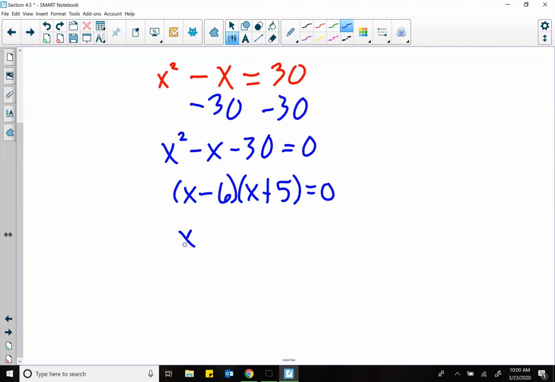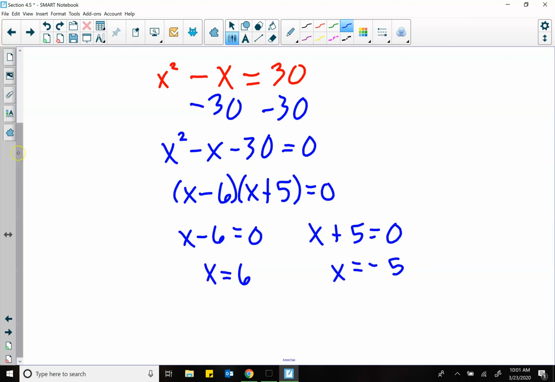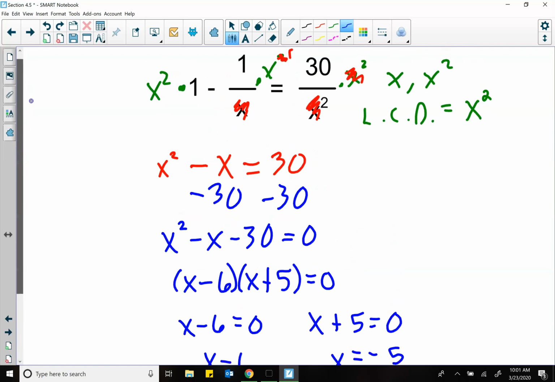You set them equal to 0. Because we're using that 0 product rule. So, what does x equal when x minus 6 equals 0? X is equal to 6. Over here, when x plus 5 equals 0, what does x equal? Negative 5.